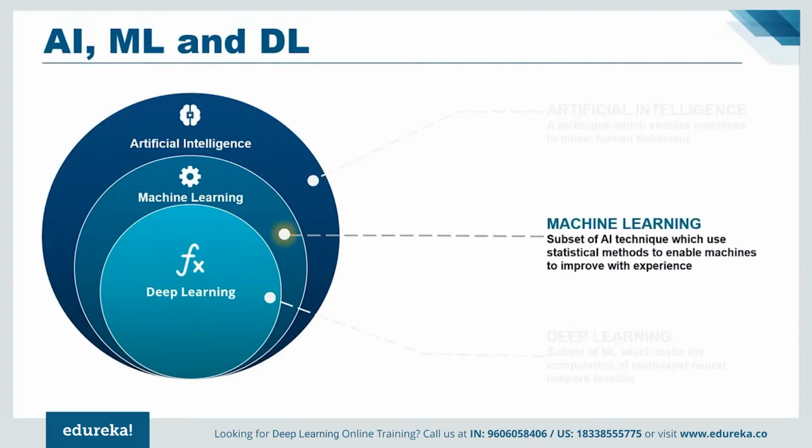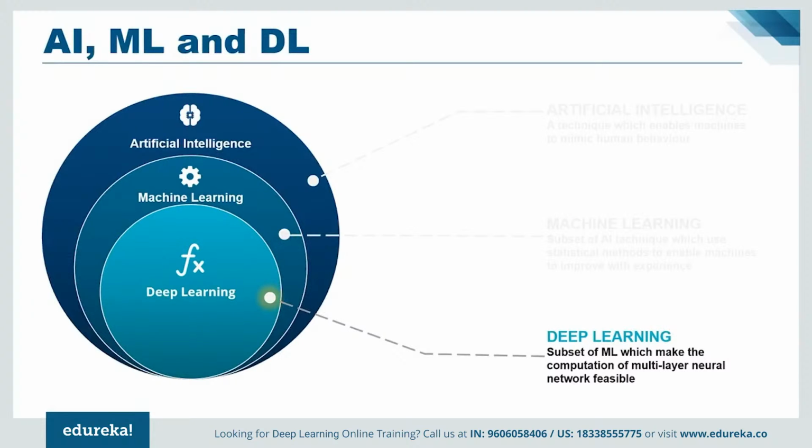Machine learning is a subset of artificial intelligence which uses statistical methods to enable machines to improve with experience, whereas deep learning is a subset of machine learning which makes the computation of multi-layer neural networks feasible. It uses neural networks to simulate human-like decision making.